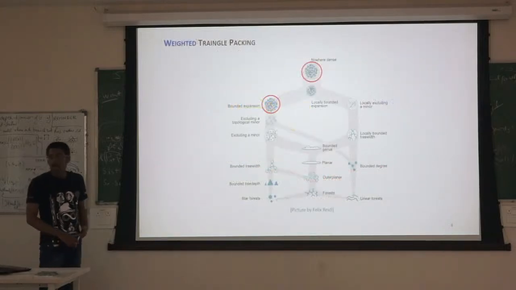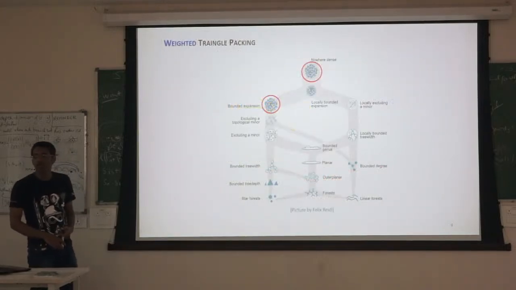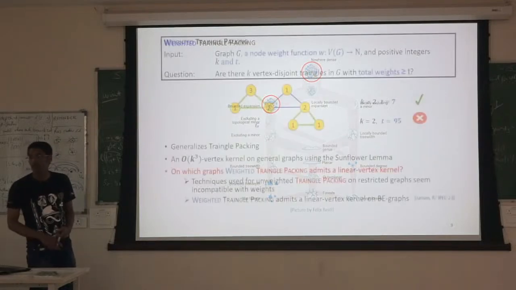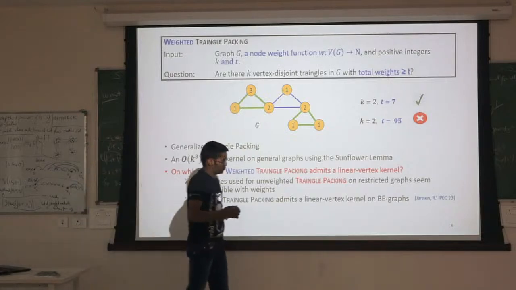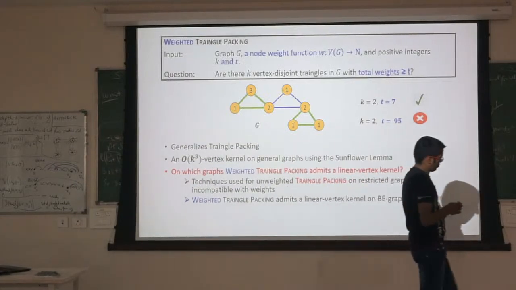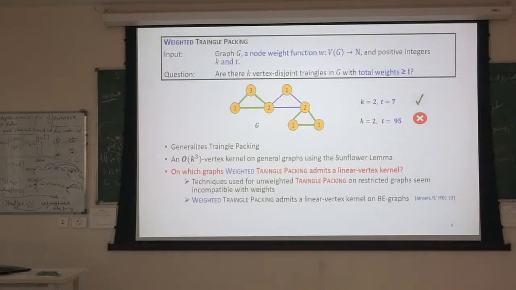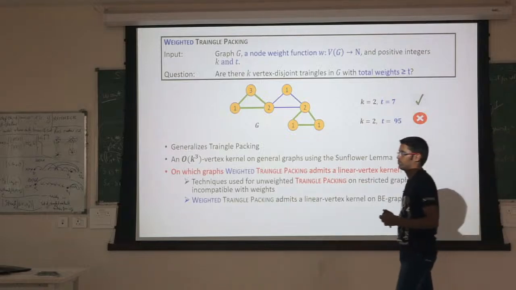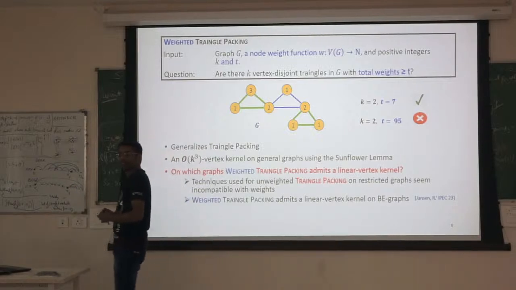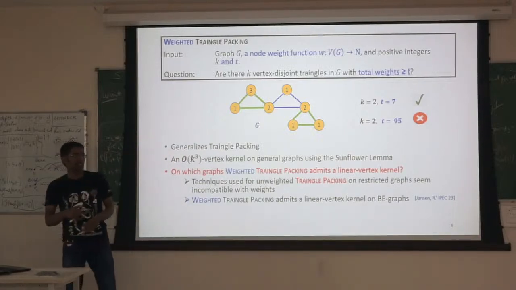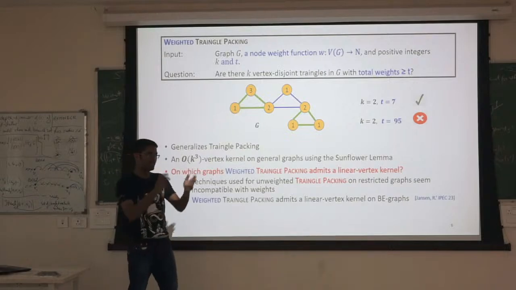And what about total weight less than or equal to T? So you are studying total weight greater than or equal to T. Yeah. What about if the weight is less than or equal to T? Pack any triangle, it will satisfy. No. Yeah, any triangle will satisfy, but I think what he meant is that you also need to pack at least k triangles.